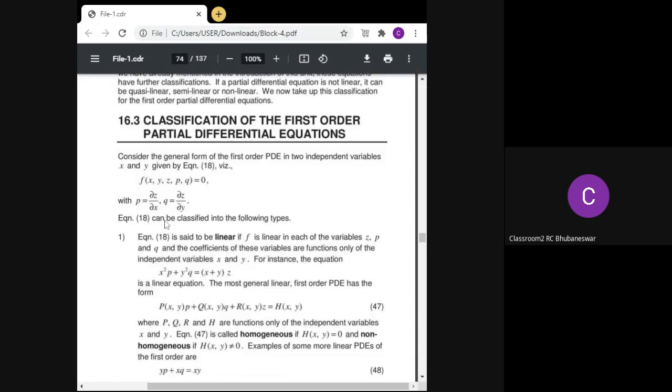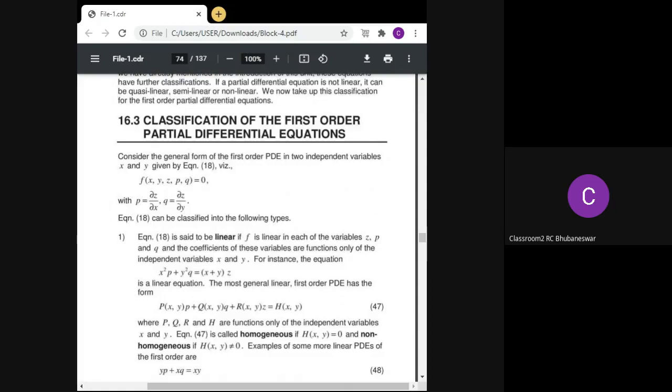It has been represented in the form of small f of x, y, z, p, q. Here x and y are two independent variables, z is a function of x and y, p is the partial derivative of z with respect to x, and q is the partial derivative of z with respect to y.